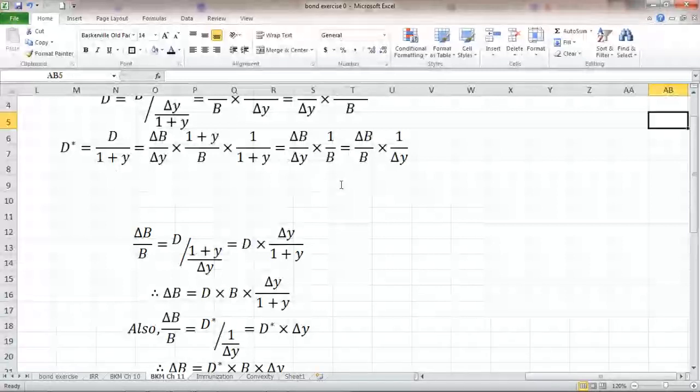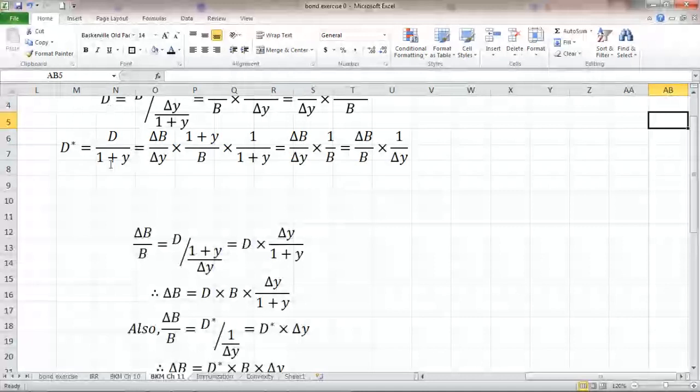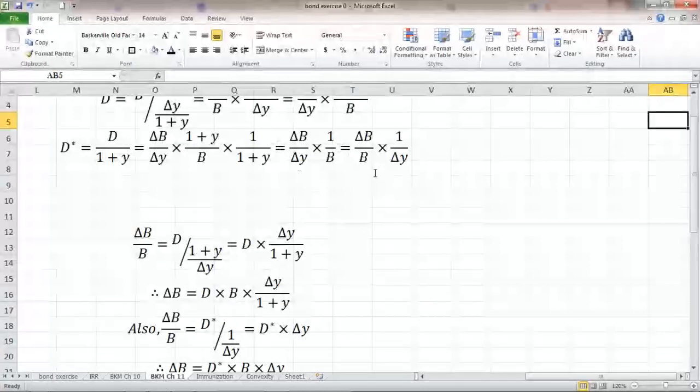Which is this, right? I mean, I can recycle Macaulay duration and divide it by 1 plus y, or I can use this, right? Makes sense? Or I can use this. I can use this. Okay.